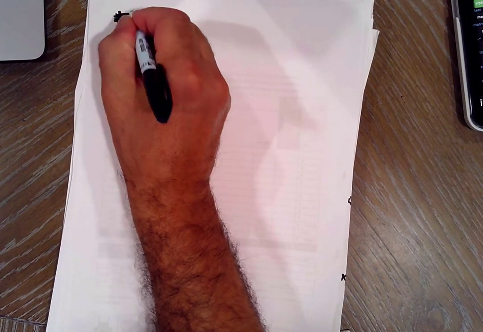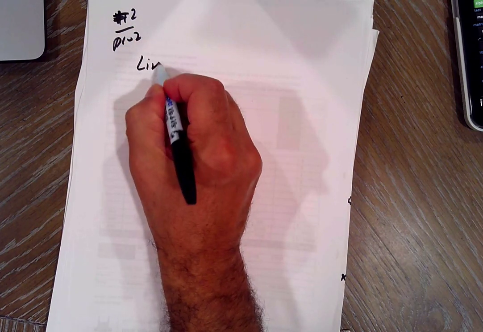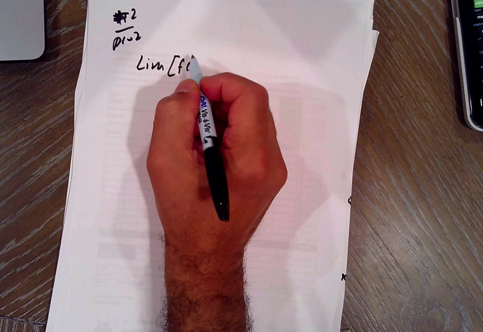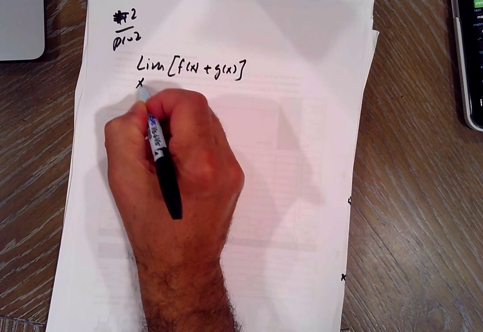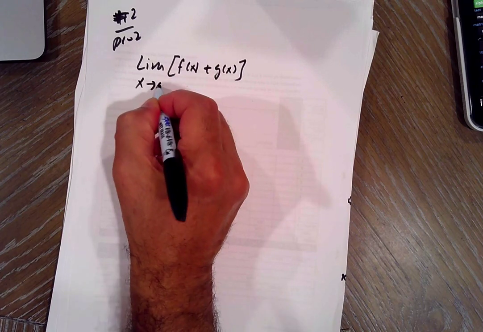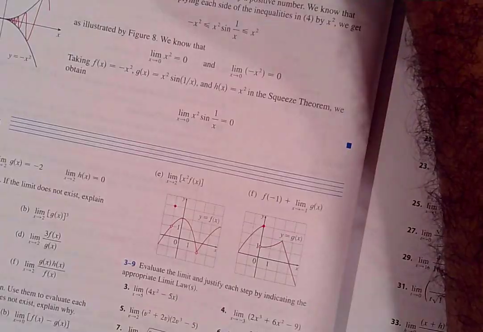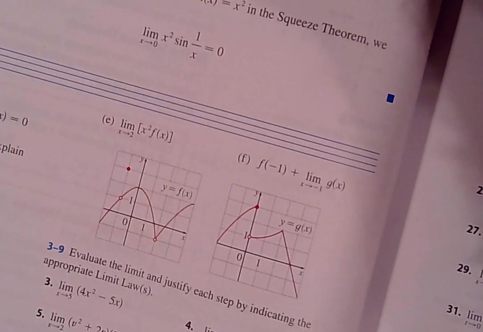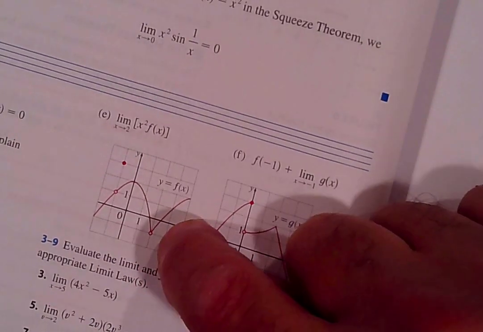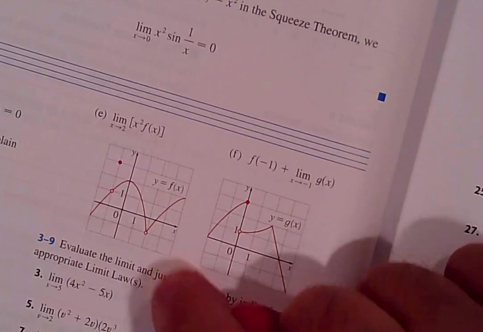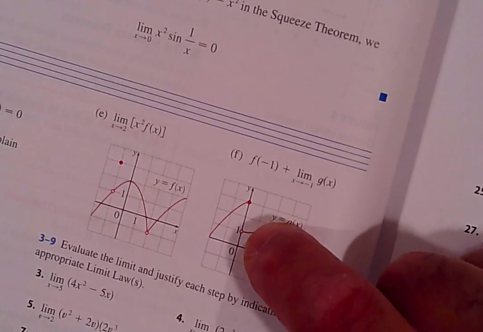If you want to find the limit of f of x plus g of x as x goes to 2, part A, if you look at the graphs, the limit of f of x as x goes to 2 is -1, and g of x as x goes to 2 is 2, so we're going to add -1 plus 2.